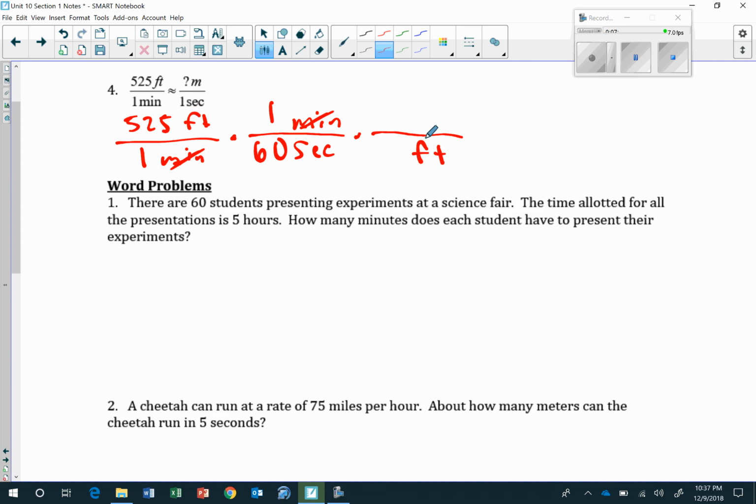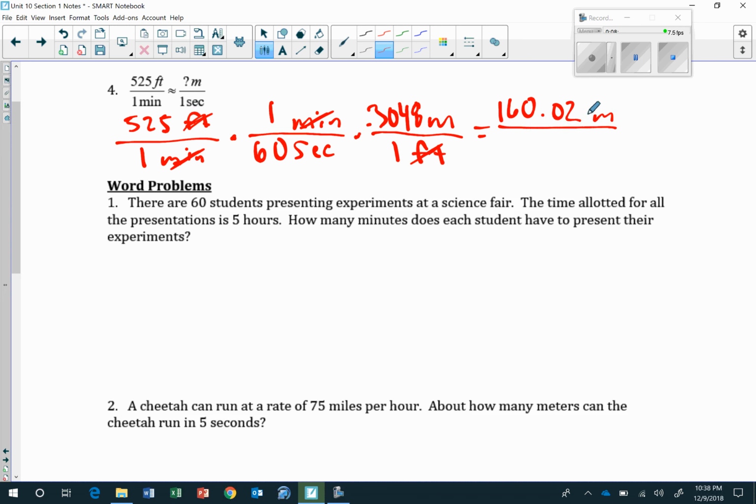Since feet are in the numerator, they have to go in the denominator so they can cancel out, and then meters goes on the top. I know just from looking at the back of the textbook that 1 foot is the same as 0.3048 meters. Okay. Feet in the numerator, feet in the denominator, those can cancel out. And now I can go ahead and multiply. When I multiply across the top, I get around 160.02 meters.